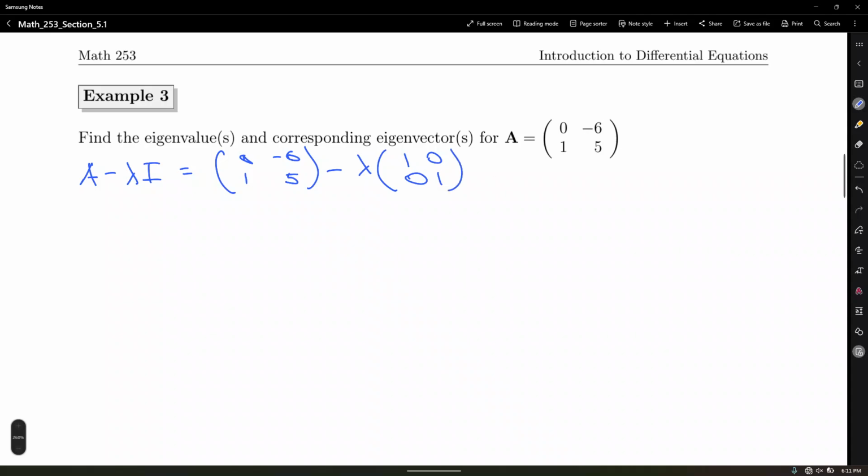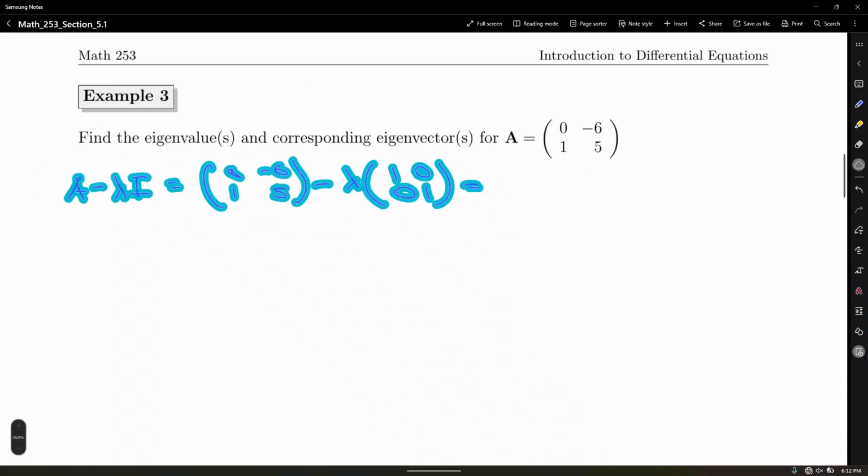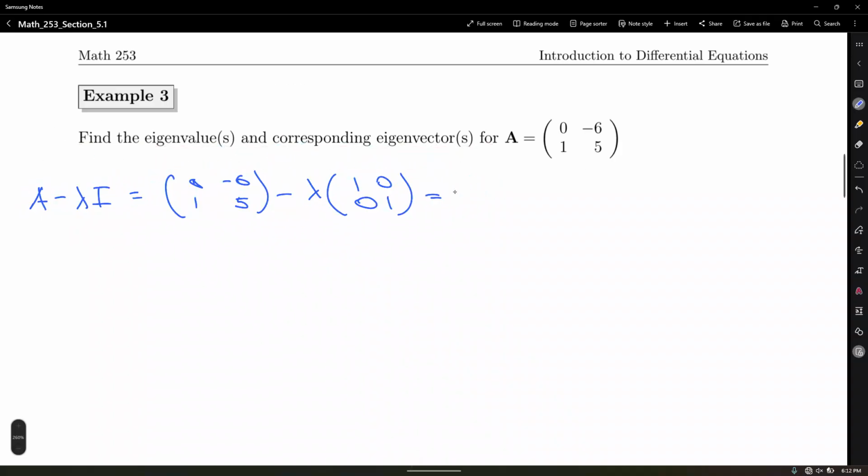Let me multiply the second matrix by lambda to get everything in terms of a simplified matrix: [0, 1; -6, 5] minus [lambda, 0; 0, lambda]. And combine these two matrices together. This will be 0 minus lambda and 5 minus lambda, and the other entries remain the same, negative 6 and 1.